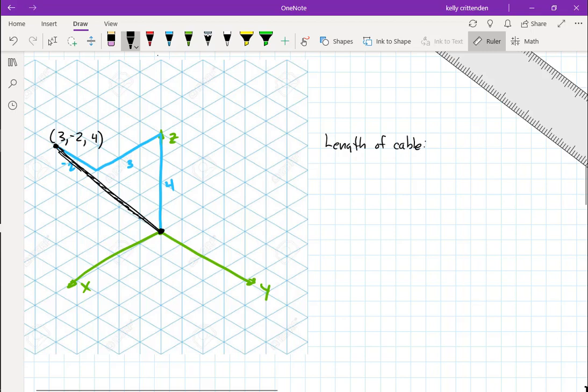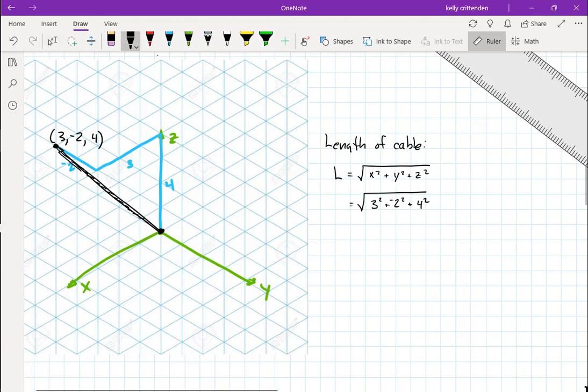So we'll just call that L equals square root of x squared plus y squared plus z squared. So that's the square root of x was 3 squared, y negative 2 squared, and z is 4.